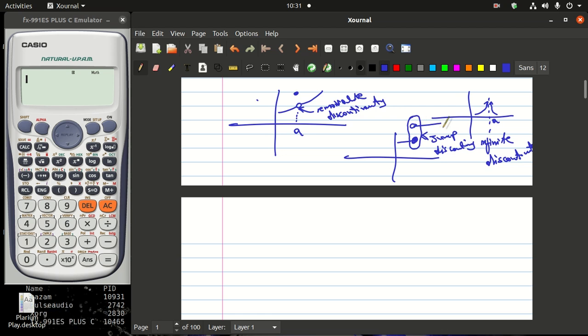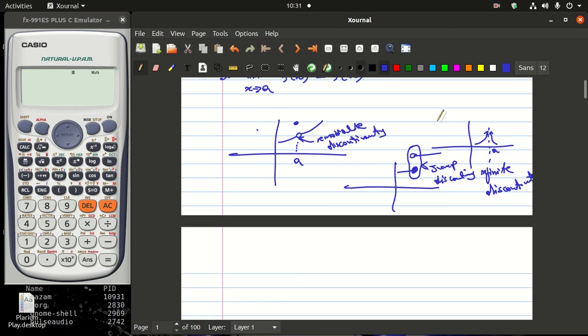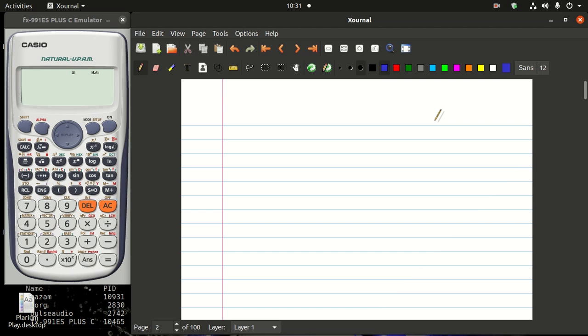So we talked about these three discontinuities. These are some of the things that you need to know around discontinuity at a particular point. Then we started to talk about continuity on an interval.